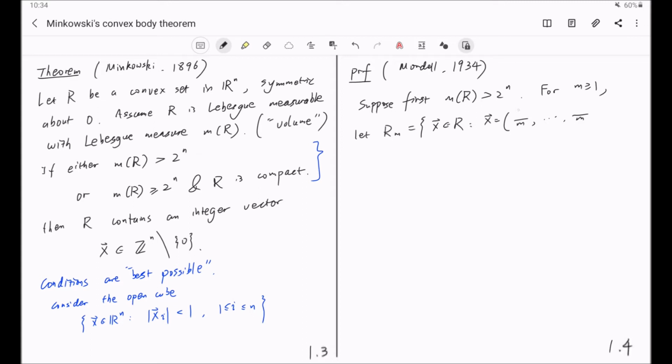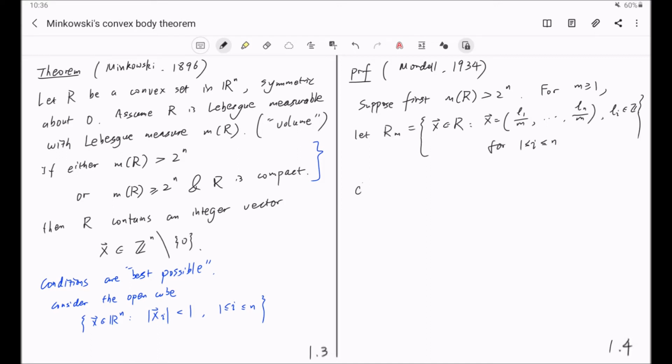So for the numerators, you may get L1 through L sub n, but in the denominators, you only get m. So this L sub i is in Z for any i.